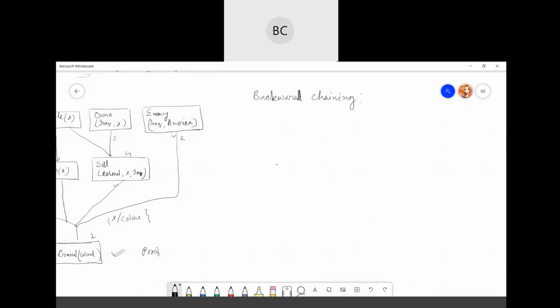Our goal is to show that colonel is a criminal. This is our goal state. So from the goal state, we will see what rules or facts we can imply from the goal state, or what can be used here.